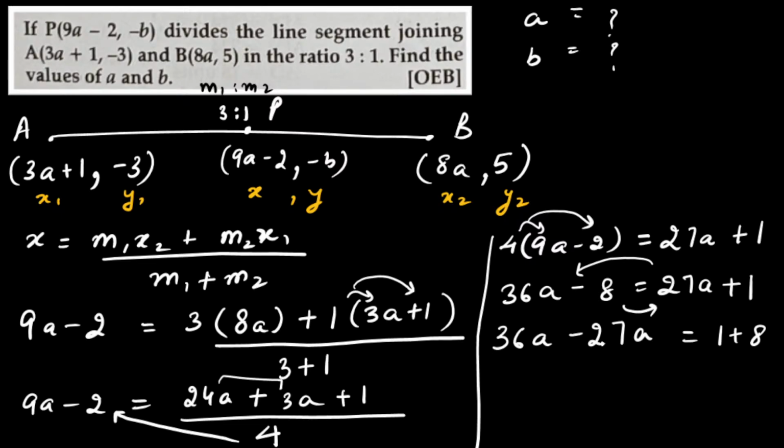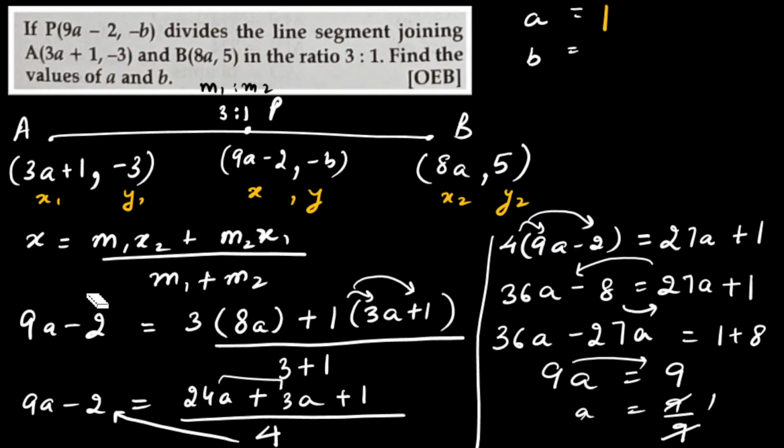So 36 minus 27 is 9, so 9a is equal to 8 plus 1, which is again 9. This 9, if we shift to the other side, will get divided. So 9 by 9 is 1. We got the value of a as 1. Tarun has already shared the answer, even Jayashri and Avni. So a's value is correctly 1.